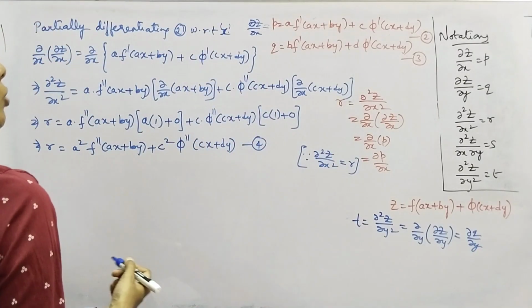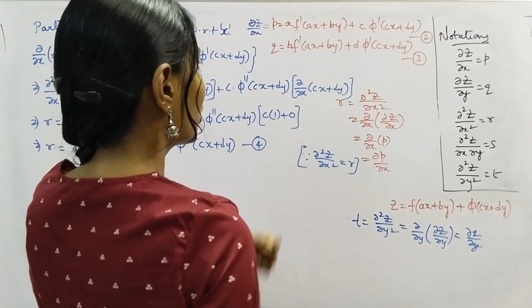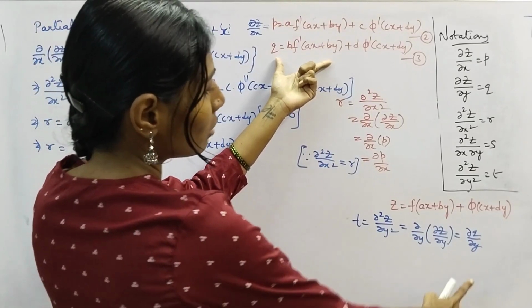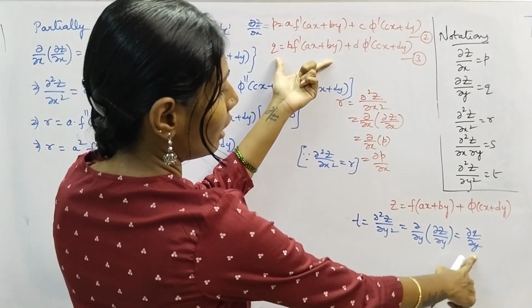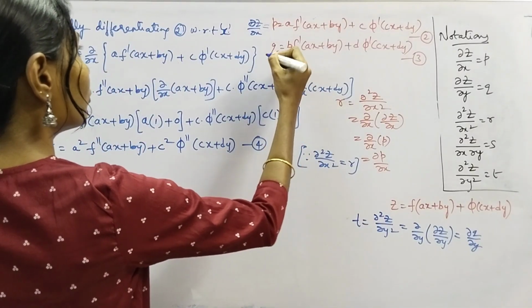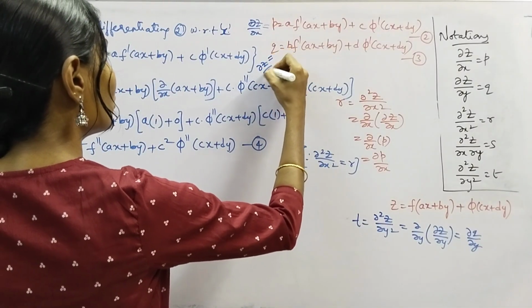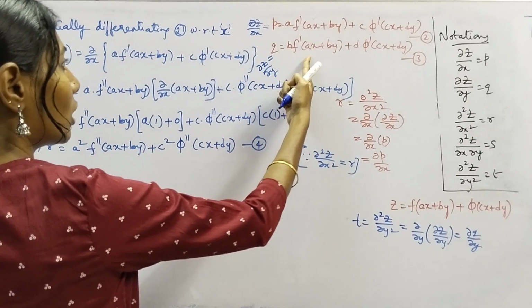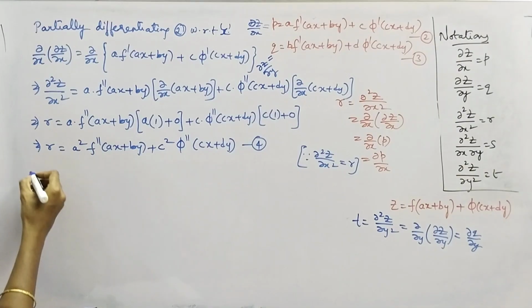So in order to find the equation involving t, pick the equation involving q. So this is the equation involving q. Now by partially differentiating it with respect to y, we'll get the equation involving t. Instead of q, we can write ∂z/∂y, since ∂z/∂y is nothing but q. Now let's partially differentiate 3 with respect to y.